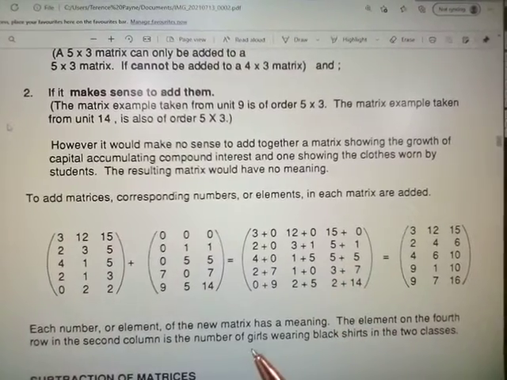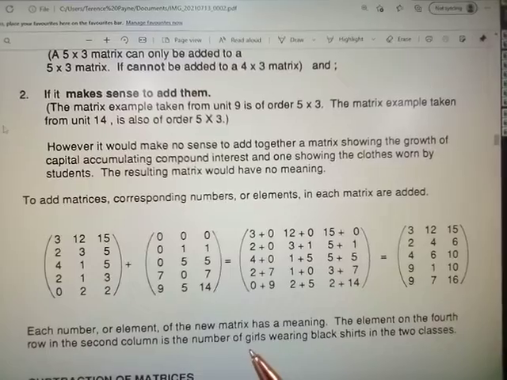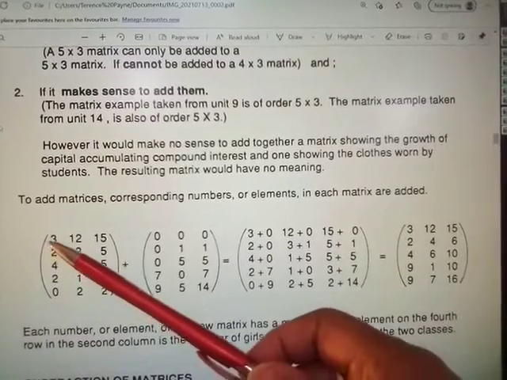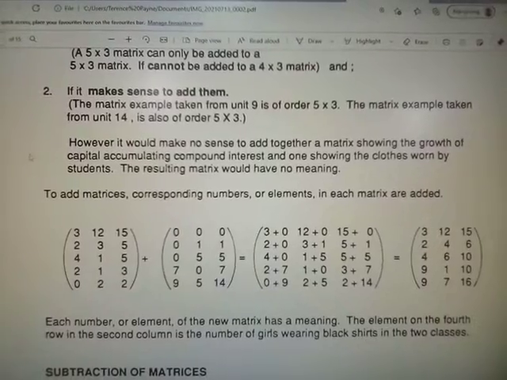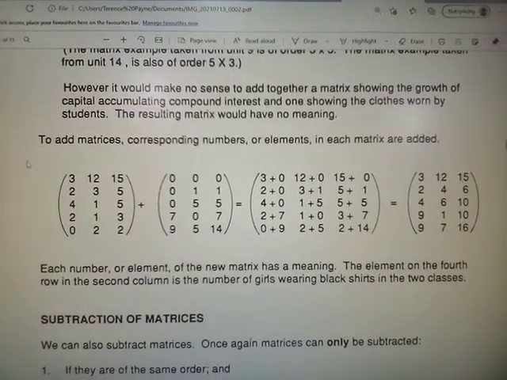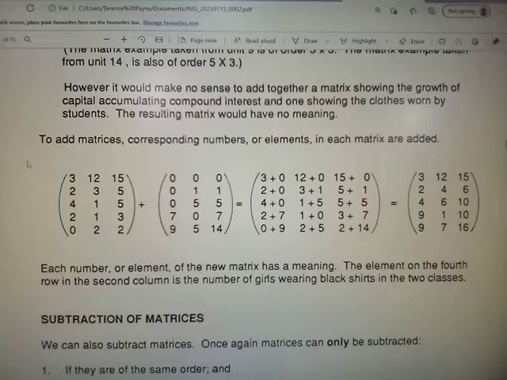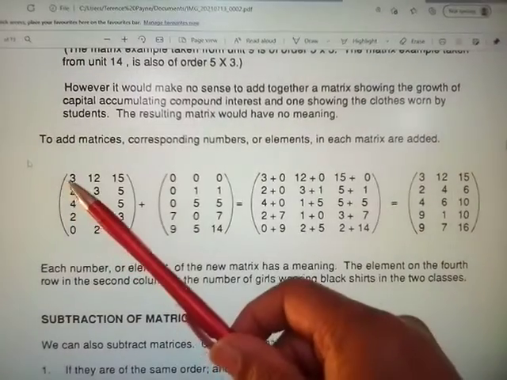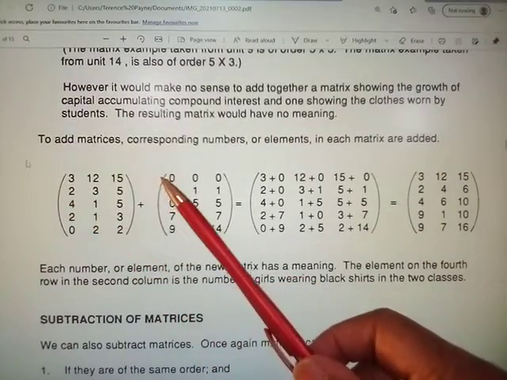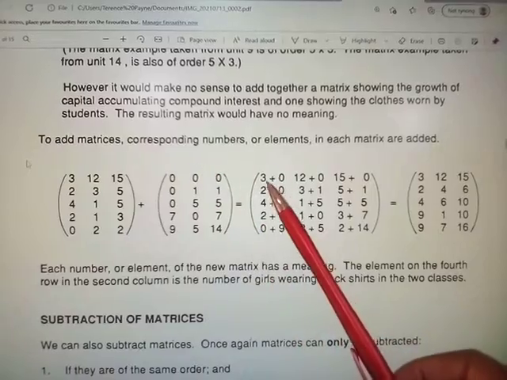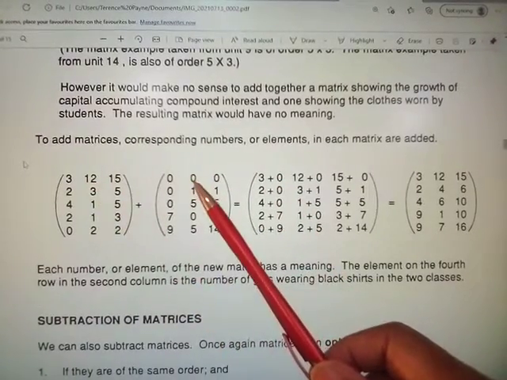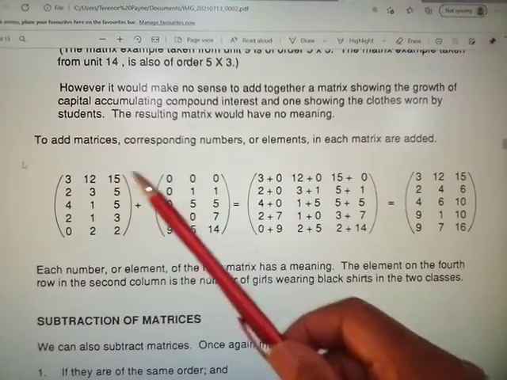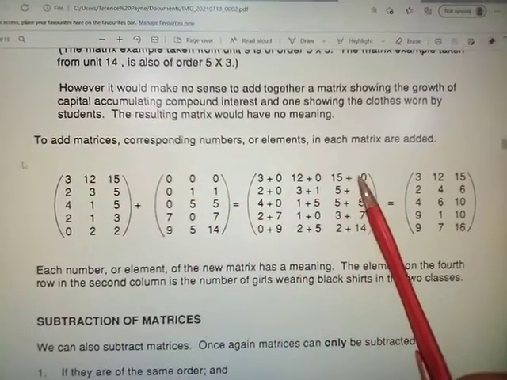To add matrices, corresponding numbers or elements in each matrix are added. So let's look at this. What we're saying here is 3 plus 0, 12 plus 0, 15 plus 0. Okay?